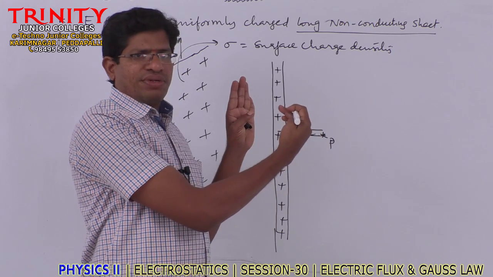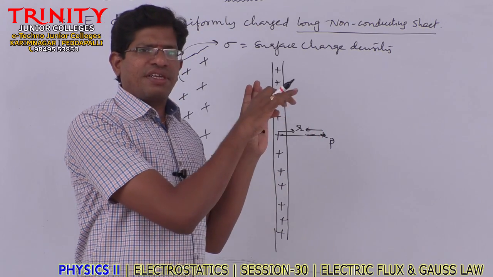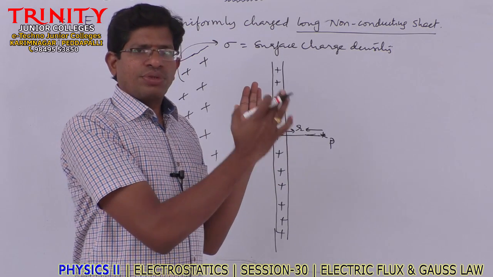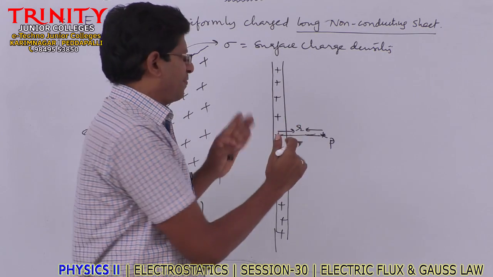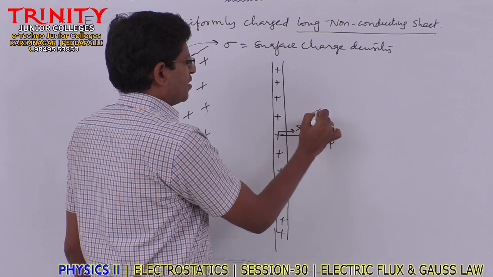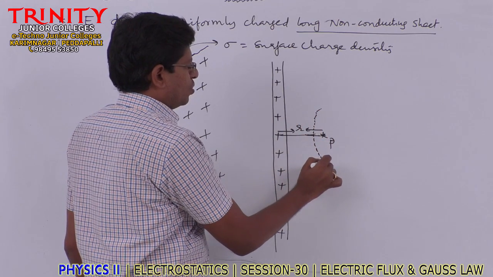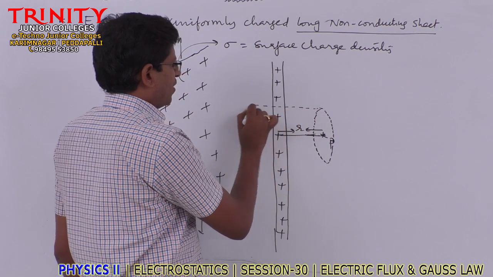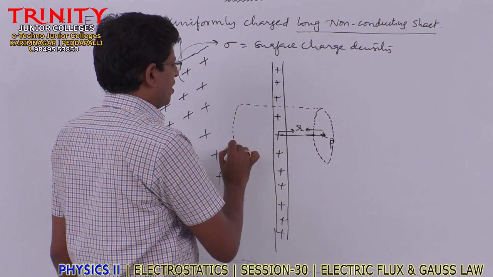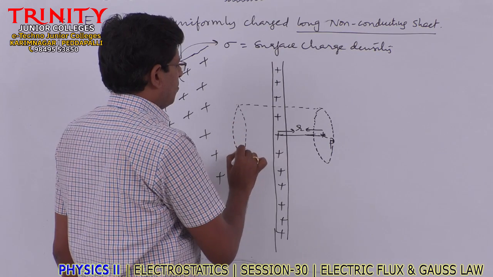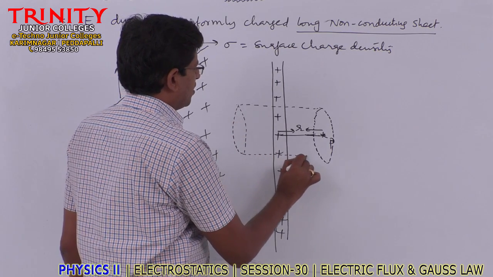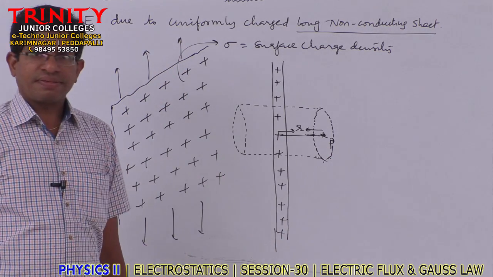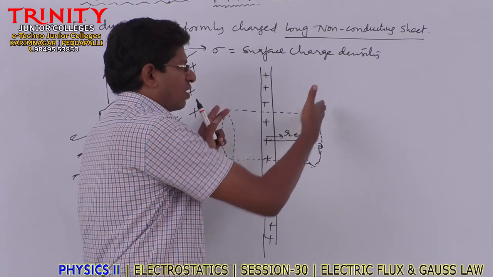The point I told you is the electric intensity should be either parallel or perpendicular to its area of cross section. So if you think a little further, the immediate answer is a cylindrical symmetrical Gaussian surface around this charged sheet, like this, where the point P is on one of the caps here.